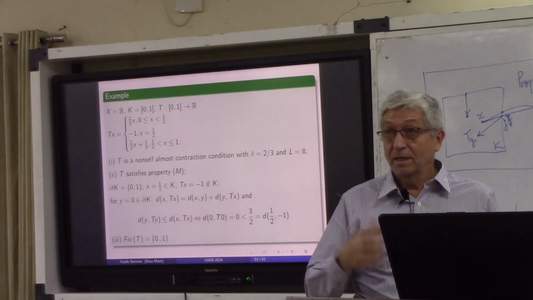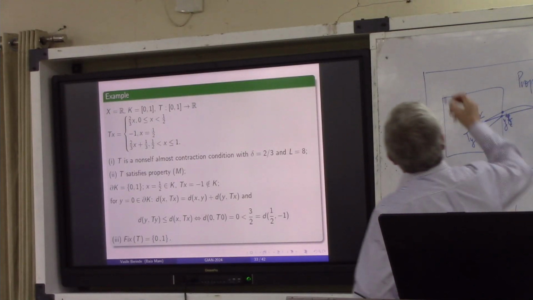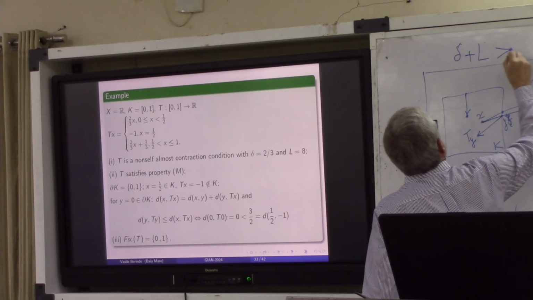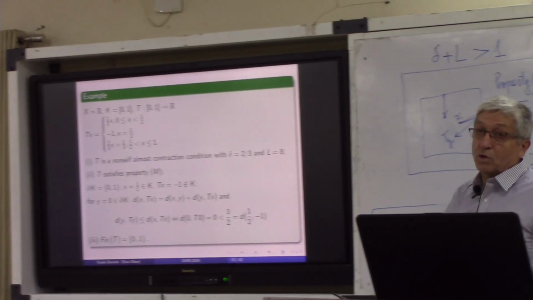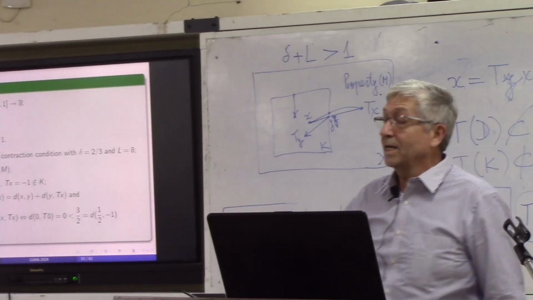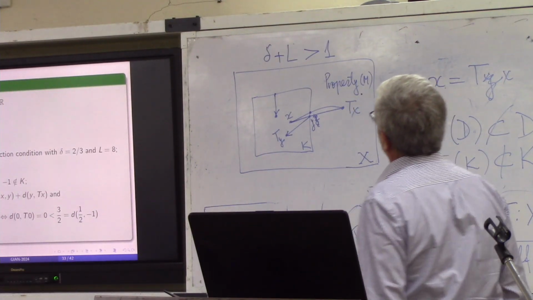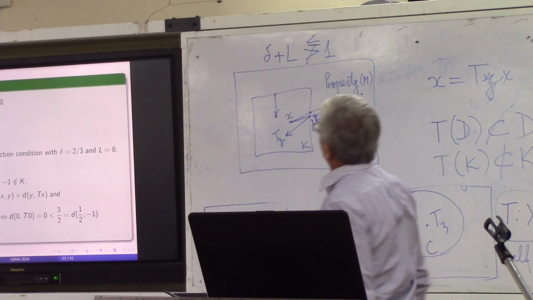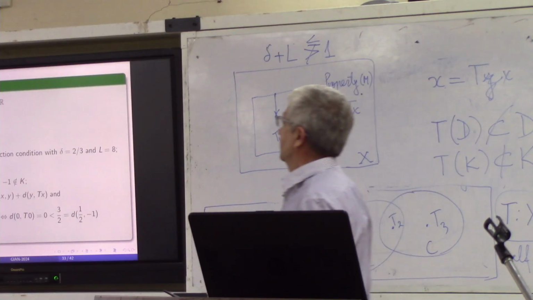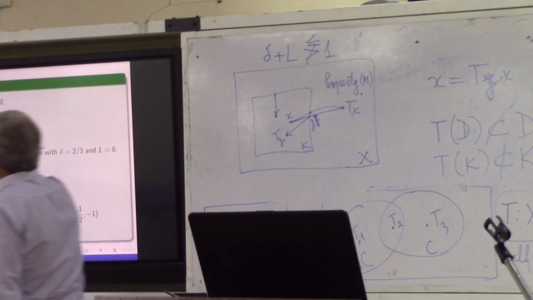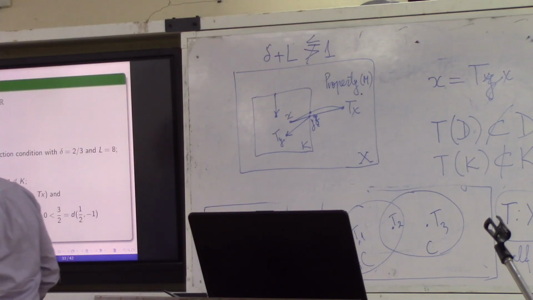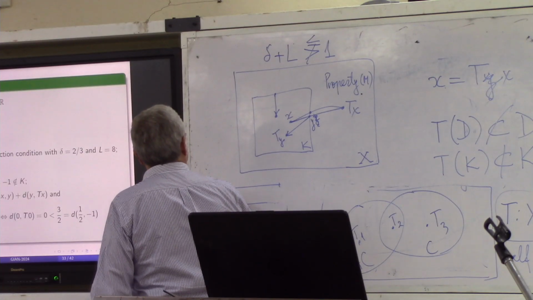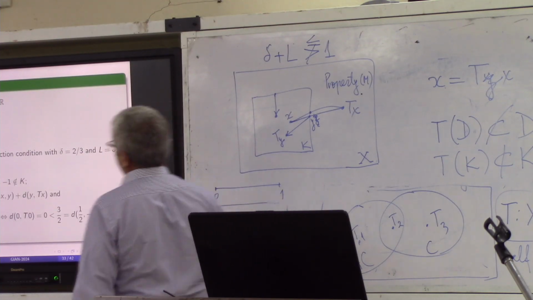I mentioned that for an almost contraction the constant is in general greater than 1, while all the other fixed point theorems, such as the Hardy-Rogers fixed point theorem, have it less than or at most equal to 1. And T satisfies property M. How? The border of this K is 0 and 1.